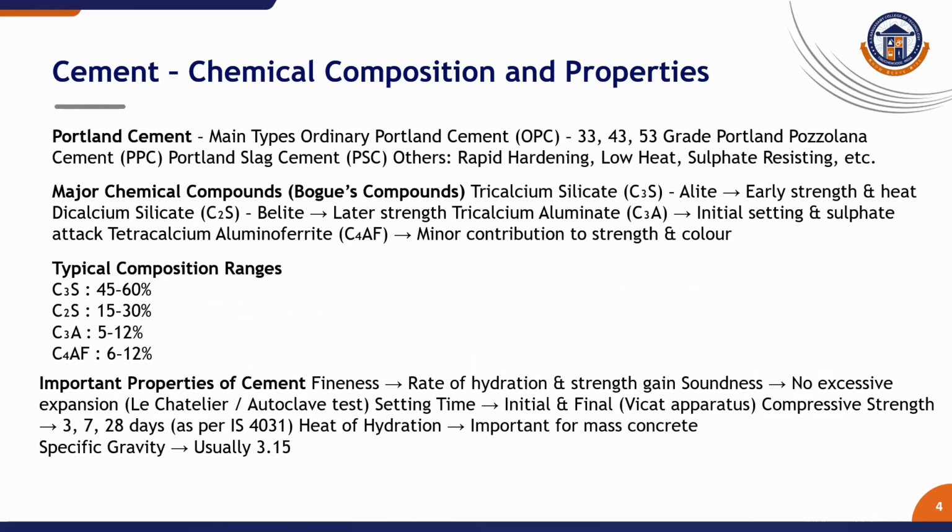Chemically, cement is composed of four major components known as Bogue's compounds. C3S, tricalcium silicate, gives early strength and generates heat. Next is C2S, or dicalcium silicate, which contributes to later strength. C3A, or tricalcium aluminate, controls initial setting, but it is vulnerable to sulfate attack.